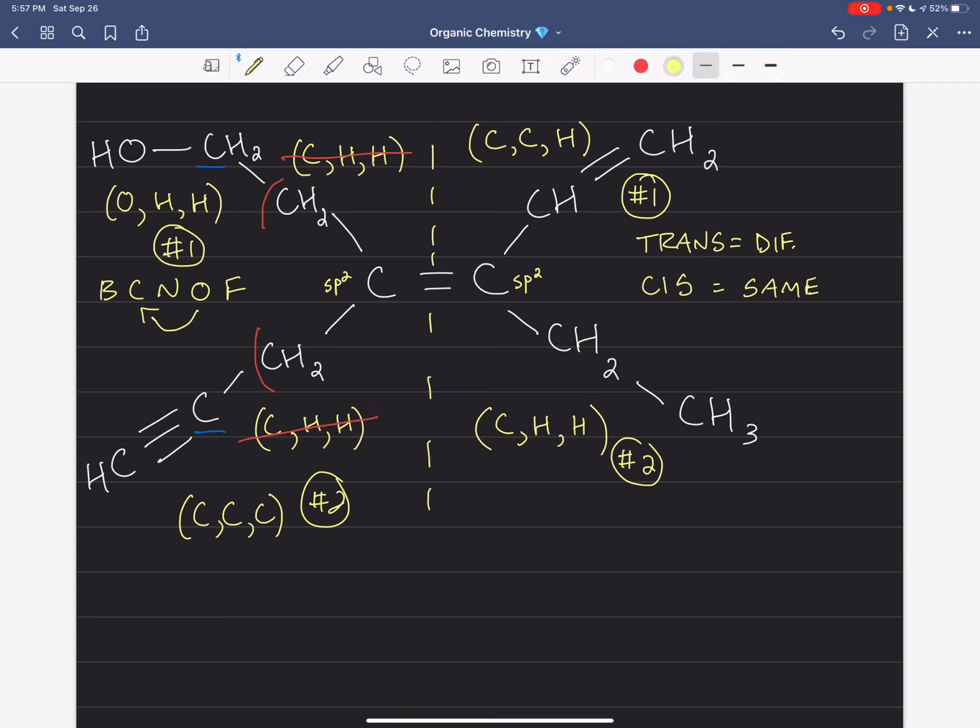But when you do your final rank, you are going to introduce a new plane through the entire double bond here. And those are going to be the sides that you're looking at. So, with that said, we have 1 and we have 1, which are on the same side. So this is in the cis configuration.